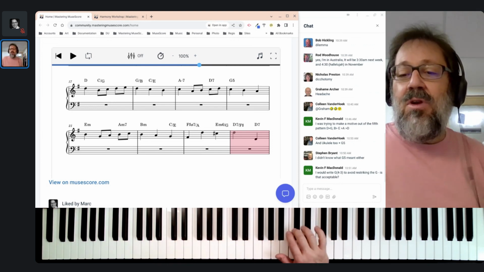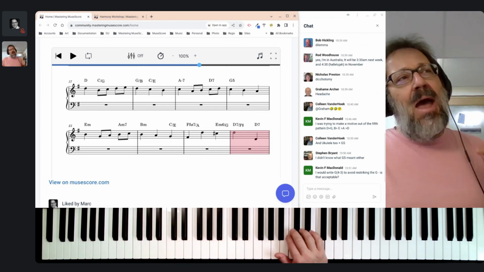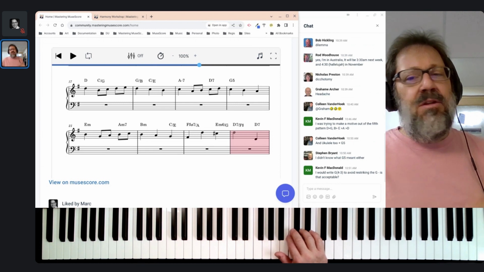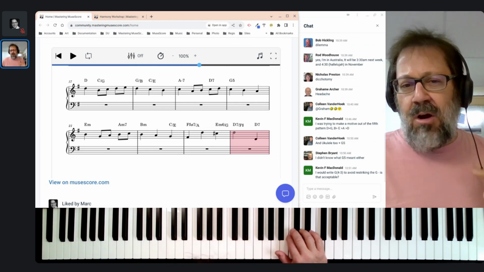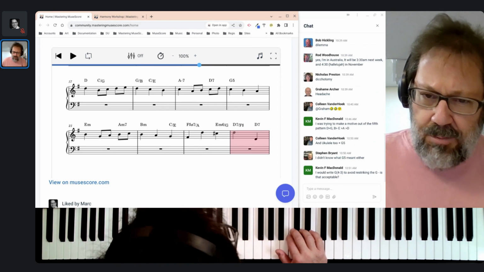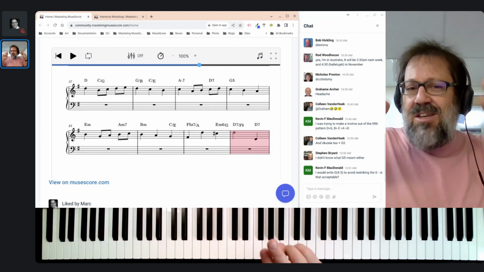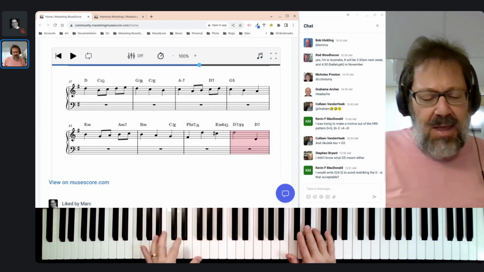So the thing is, you have to think about the different ways these chord symbols are likely to be used and interpreted. The idea that we're restriking the G is not necessarily the case.